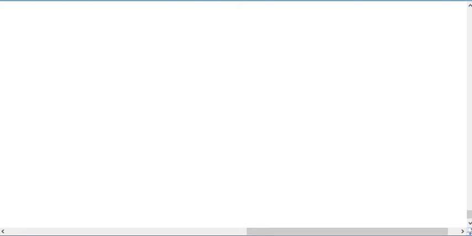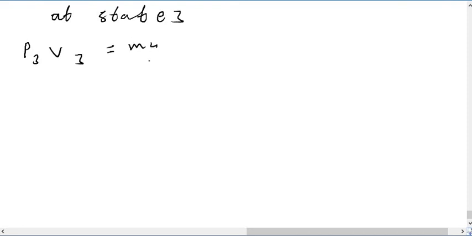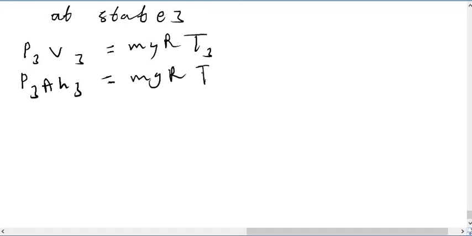So at state 3, P3 V3 is equal to mRT3. So this is the same as P3 A H3 is equal to mRT3.